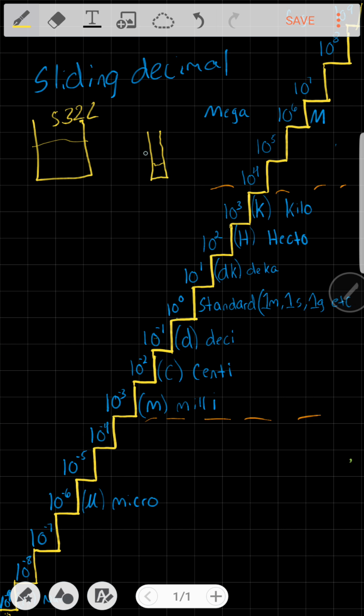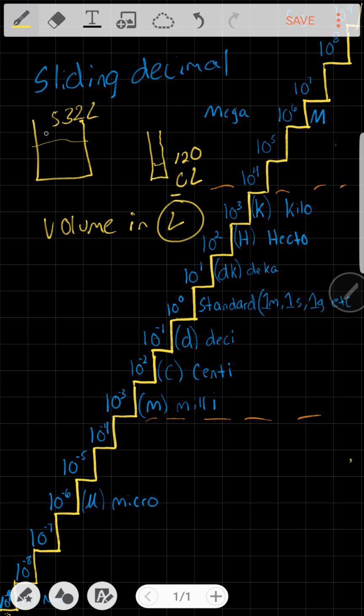And let's call that 120 centiliters. You see what we did here? We have a centiliter and a regular liter. I want to know the volume in liters. So what do I need to do?